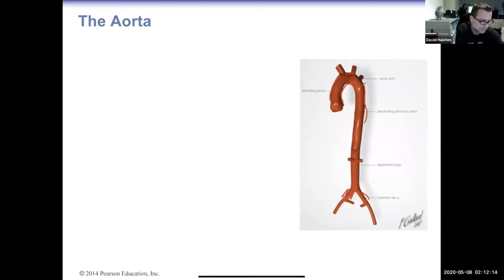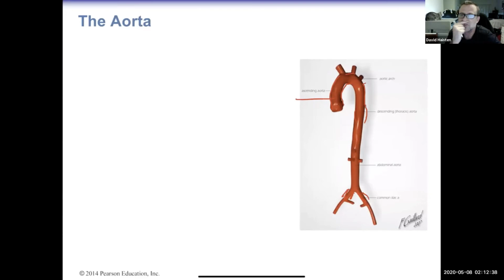Okay. Well, let's look at some goodies that are coming off the ascending aorta. The ascending aorta, nothing comes out of it other than two arteries. The very first arteries to leave the aorta come out of the ascending aorta.